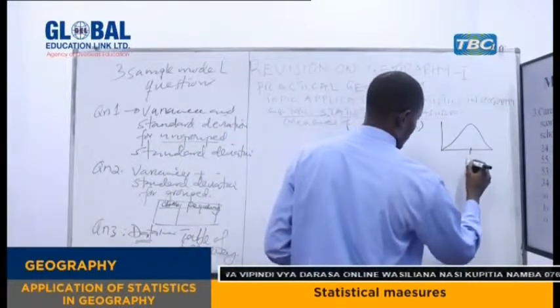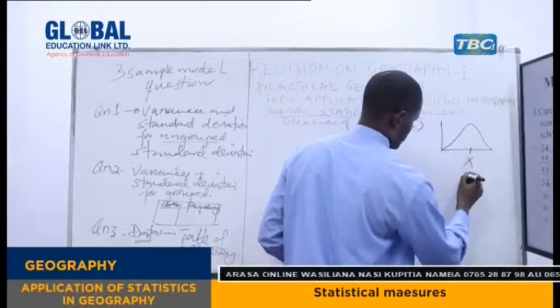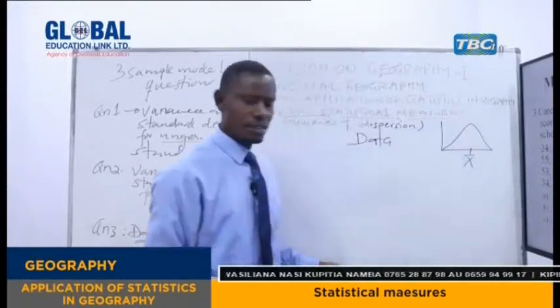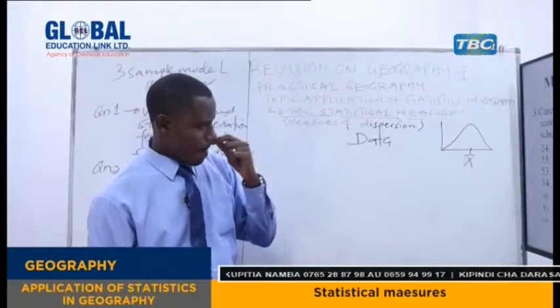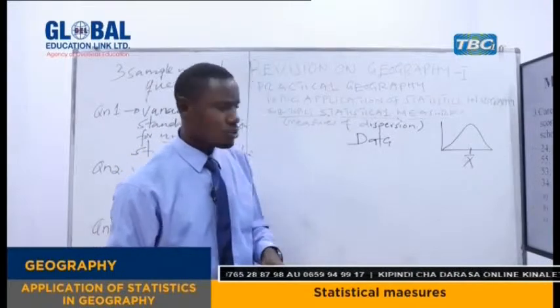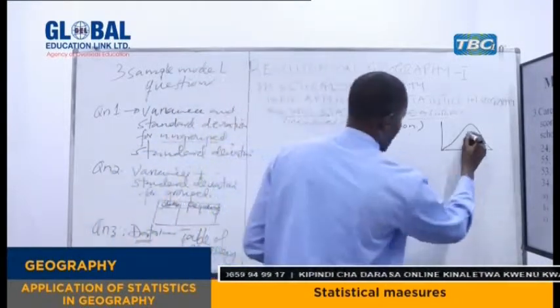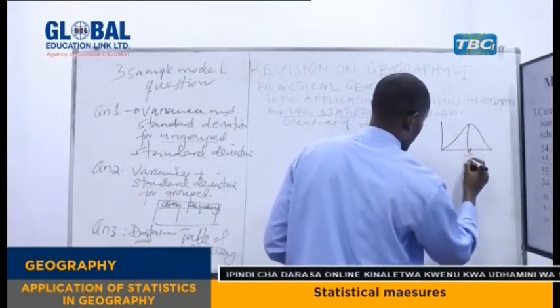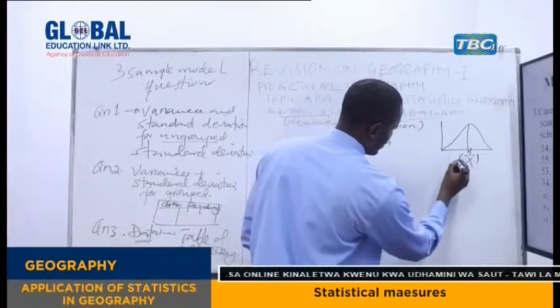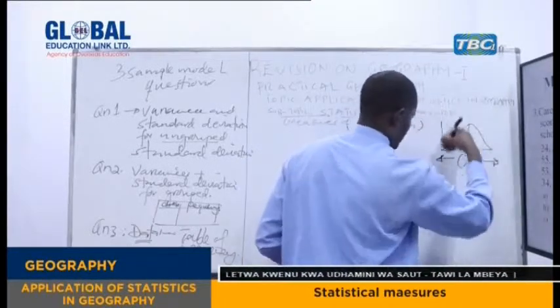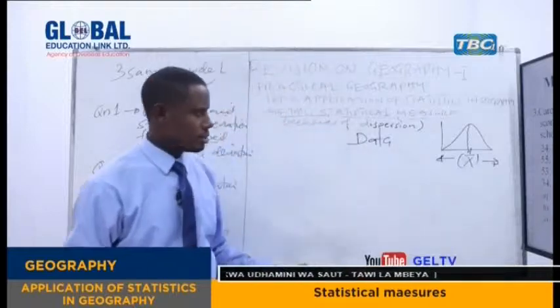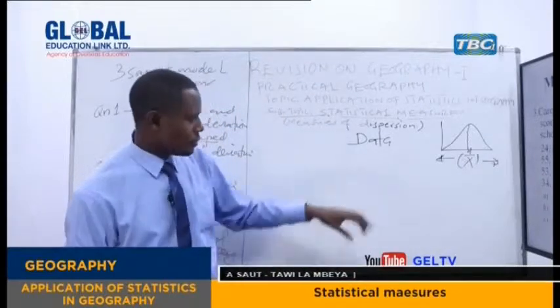So we have the mean somewhere. Let's say this is the mean. So the key function of the variance and the standard deviation is just to show how the data are spread, either approaching the mean. So we are assessing how they are spread along the data set. That's the intention.